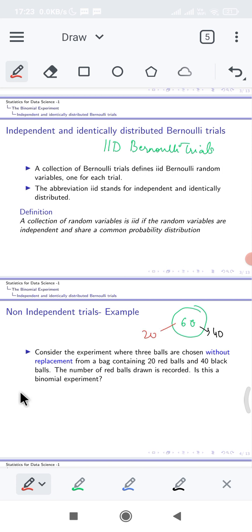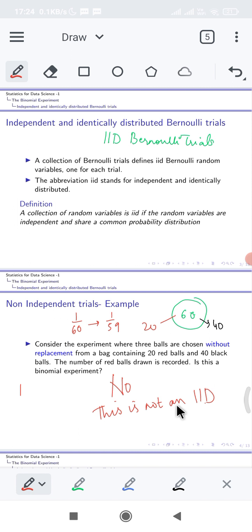Before selecting the first ball, every ball had a probability of 1 by 60. But as soon as we selected the first one, the probability shifted to 1 by 59. So we can see that the probability is not constant throughout the experiment. So we will say no, this is not IID.